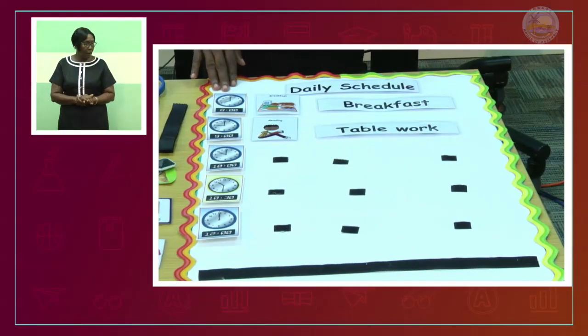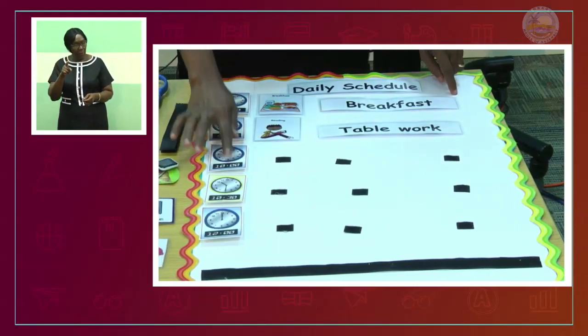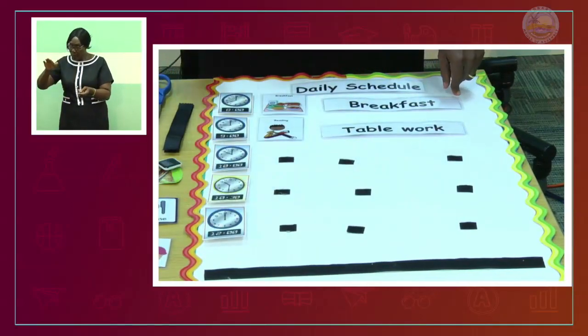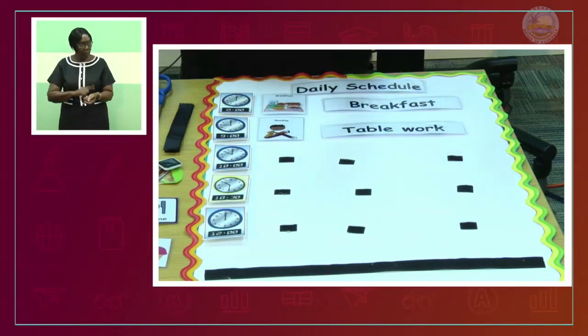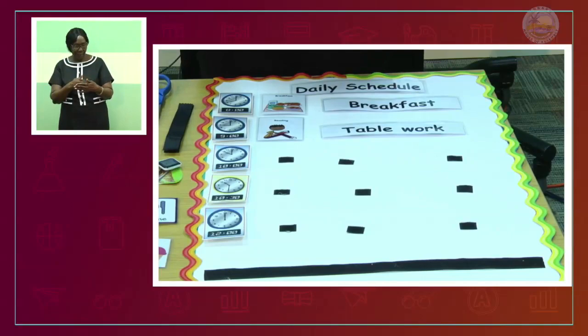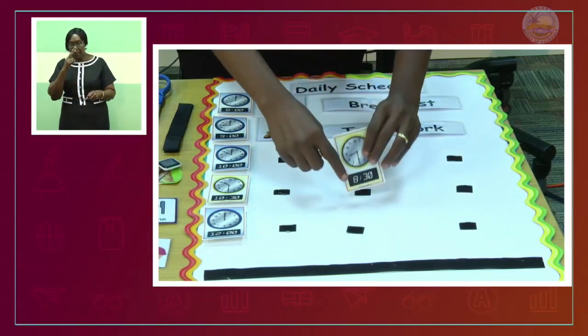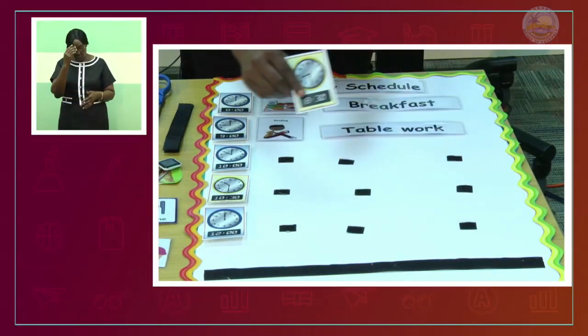Now let me just remind you that we have the time on the side here. And for the time, sometimes you may not be able to put in the time. You can just write it in, 8 o'clock, 9 o'clock, or you can have an actual clock next to the schedule where the child can see the time and know what time it is, right?